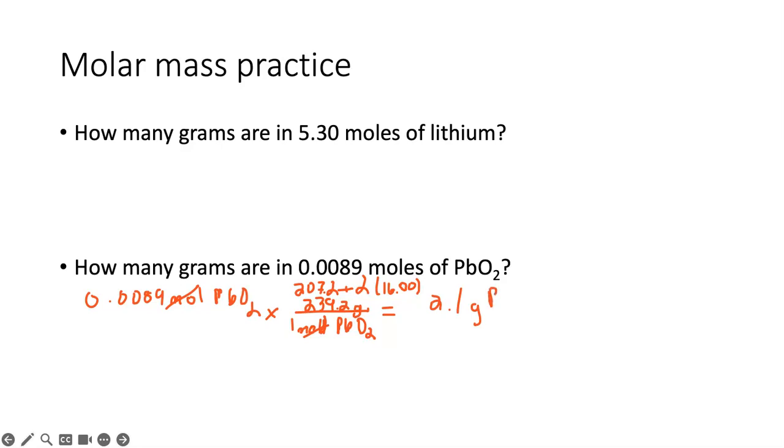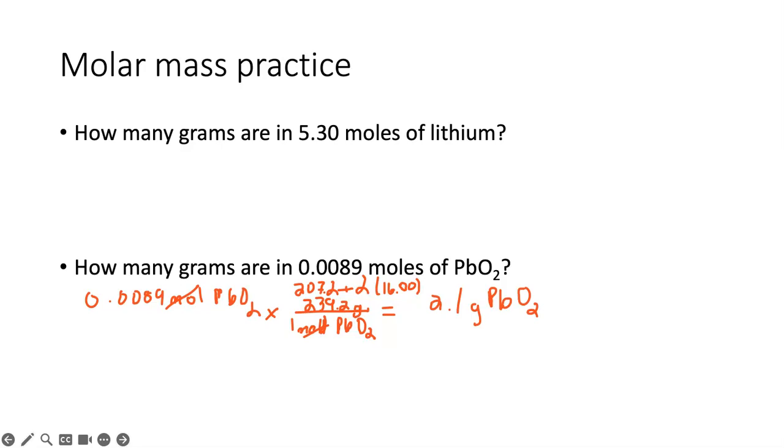You might be thinking, based on how large the mass is or how small the number of moles is, you would maybe expect the number to be bigger or smaller. But if I think about it, this is a small number, this is a fairly large number. So when I multiply a small number and a large number, I get a reasonable number.